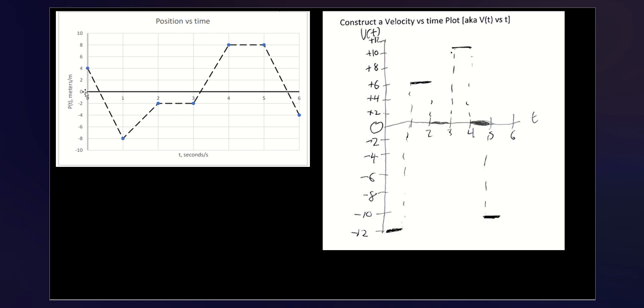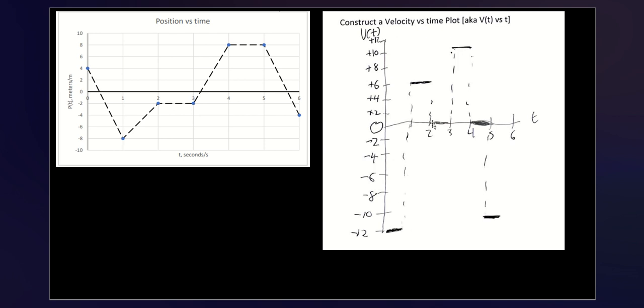Now, what we measured from 0 to 1 second, the slope was negative 12. Therefore, between 0 and 1 second, fill in a horizontal line that has a value of negative 12. Do not fill in a specific point, but a whole line.